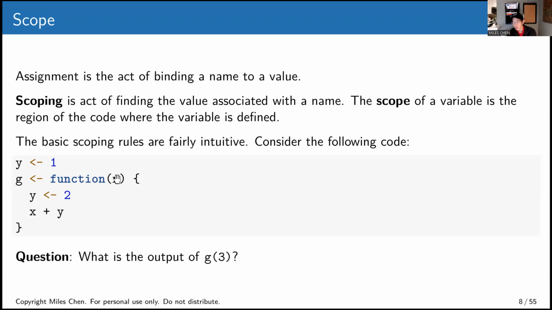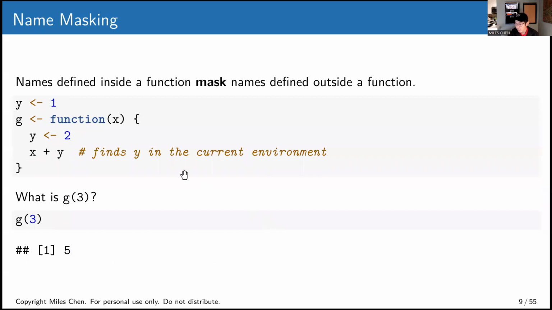Because we put 3 into X, and then when it's running, it's going to say 3 plus Y. And when it looks for Y, it's going to look inside the local environment and find the value 2. It's not going to take the value 1 from the global environment. It's going to take the value 2 from the local environment, 3 plus 2, and it gives us the value 5. So when we look for Y, it finds the value 2 in the local environment.